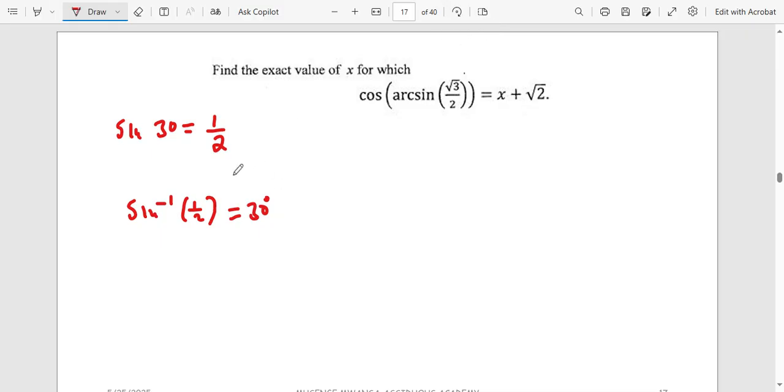Sorry for that. So sine inverse of 1 over 2 is a 30, right? Now, the same thing I want you to understand is if you see sine inverse, it's the same as arc. Arc means inverse. So this is the same as arc sine of 1 over 2. That is a 30. Okay, no magic there. That's the meaning. Arc means sine inverse.